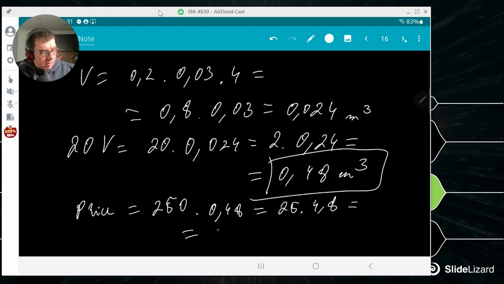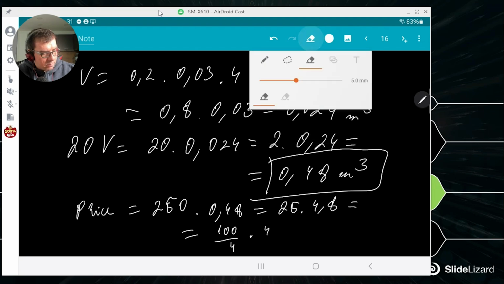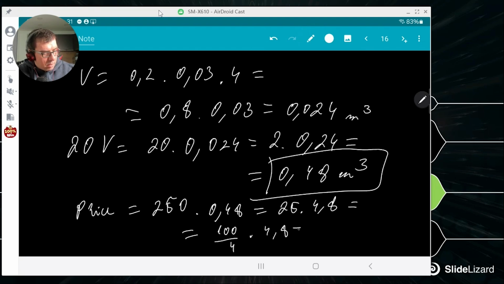So let me calculate in this way. 100 over 4, which is the same as 25, times 4.8. 4.8 times 100, switch the comma 2 places to the right, so 480 divided by 4, which is $120.